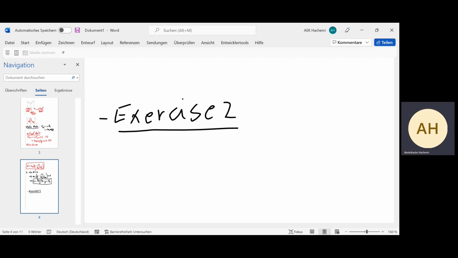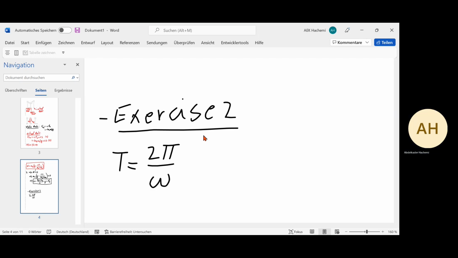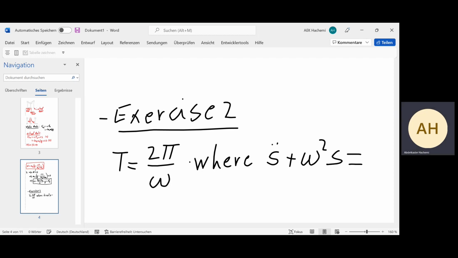We know that the frequency, or what we call in the exercises the period of oscillation, as we have seen in the lecture, is defined by T, which is equal to 2 pi divided by omega, where we have what we call the differential equation, which is S dot dot plus omega square multiplied by S equal to 0.